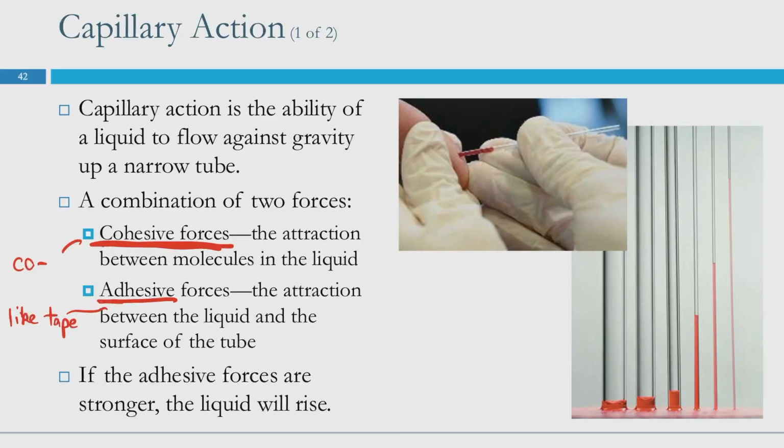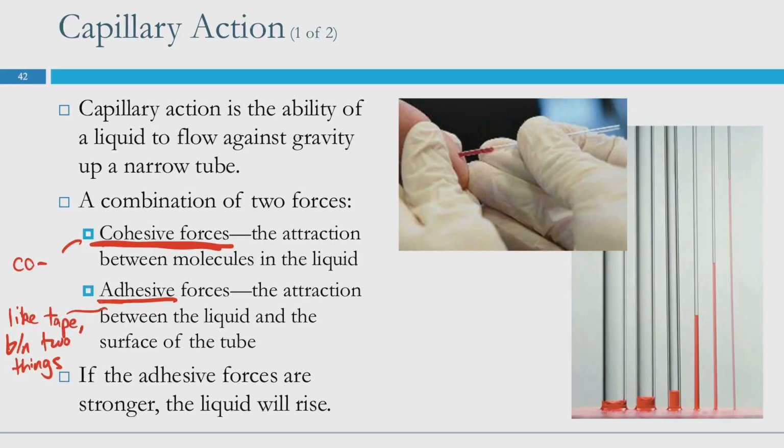That's between two different things. So we've got the interaction between everything that's inside the tube and how much that likes its things. And then also the liquid that's inside the capillary reacting with the capillary tube and how strong that interaction is.